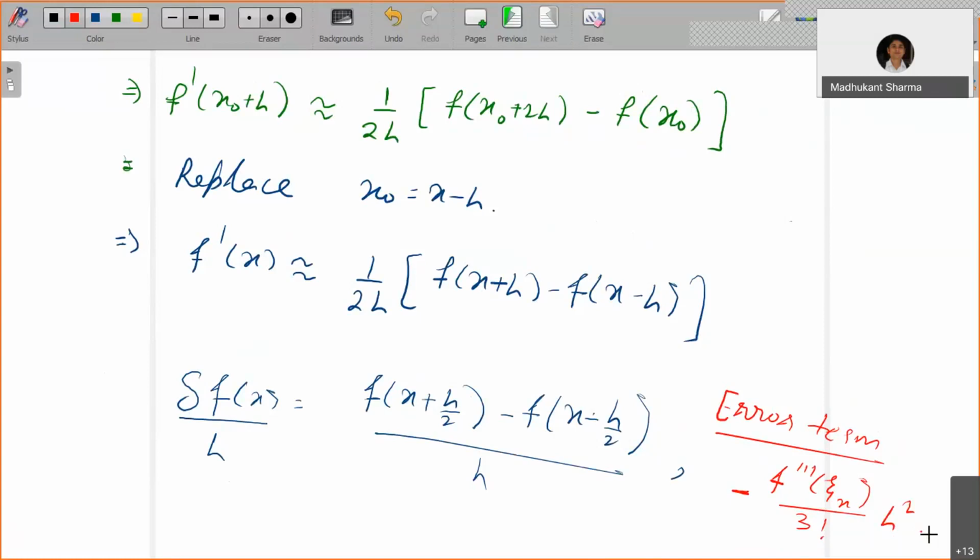So what it tells you, the error term is of third order derivative, means it will exactly approximate the derivatives up to second degree polynomial. This is what we actually observe by looking at the error term. Okay, so this error term can be evaluated, we have the error term, right?